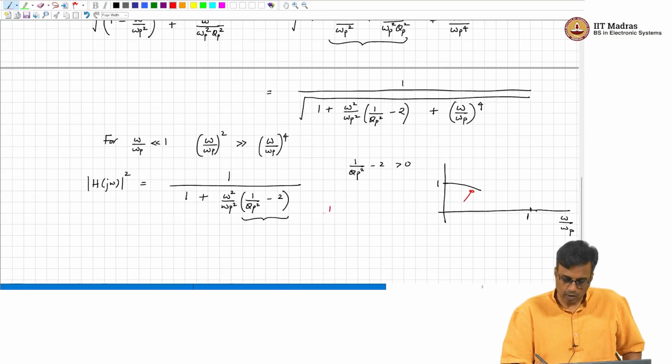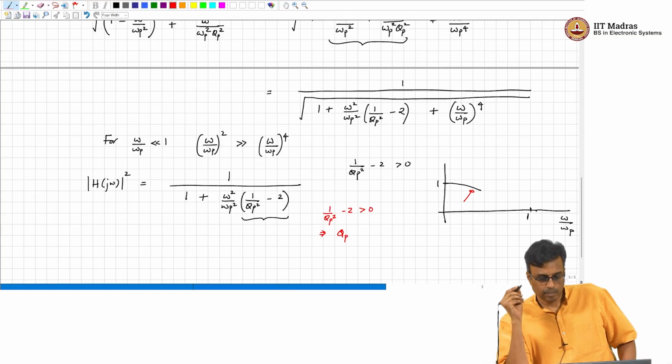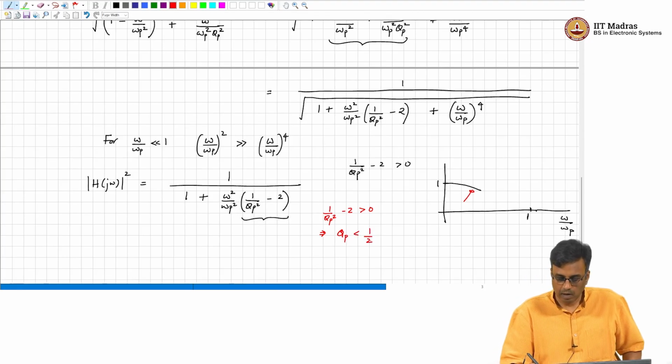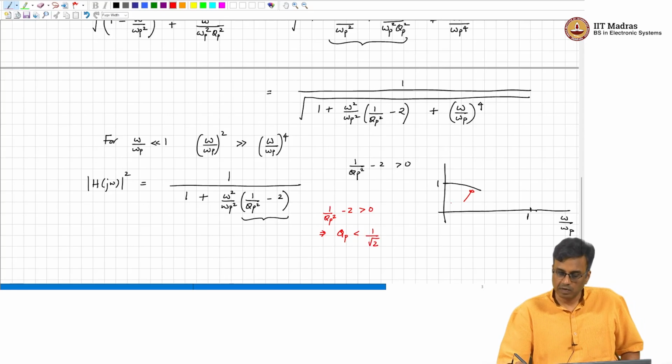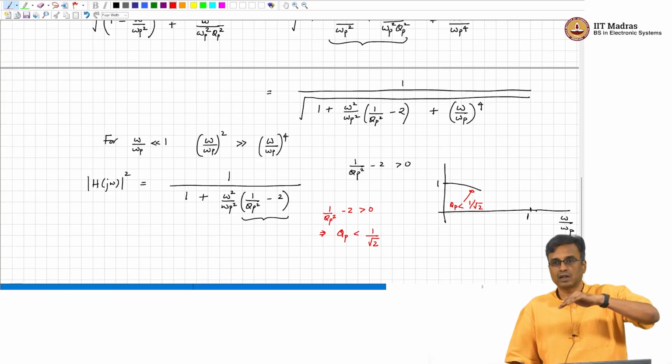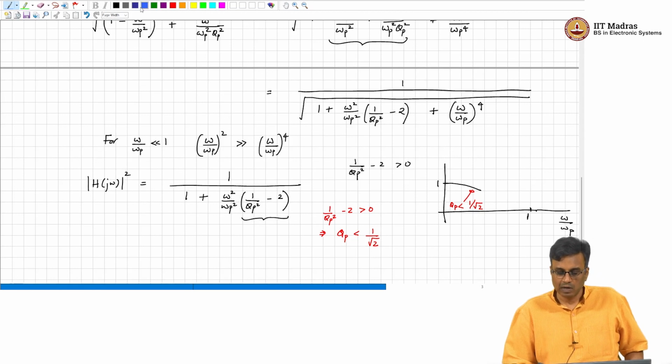This corresponds to 1 by qp square minus 2 greater than 0, which means that qp is less than 1 by root 2. So, for QP less than 1 by root 2, you will have the response drooping like this. For 1 by QP square minus 2 less than 0, how will the response look like?